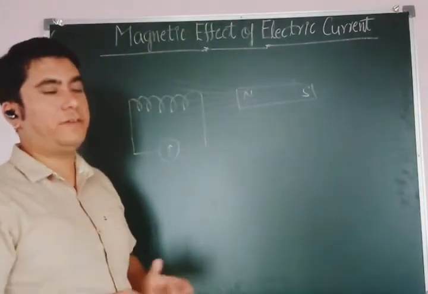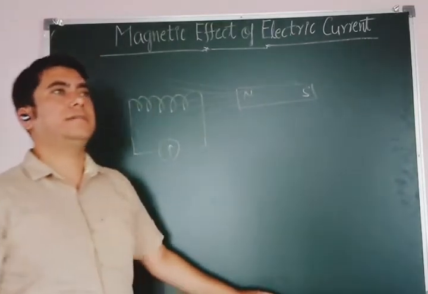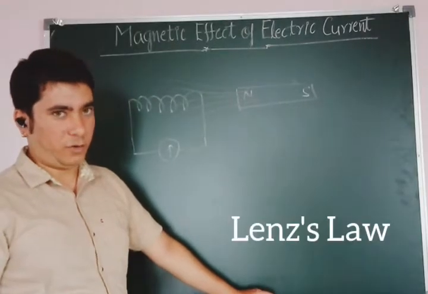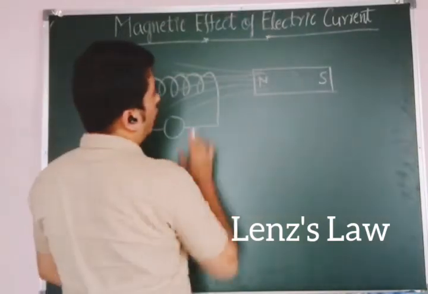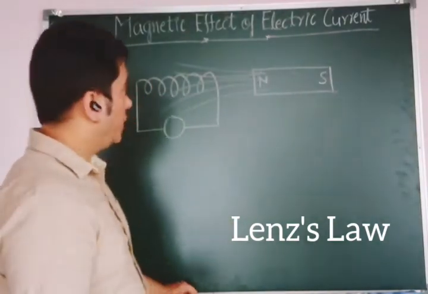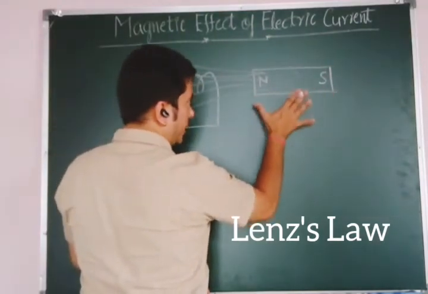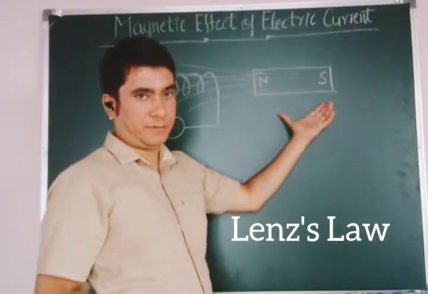So how can we find that? We can find it simply by the law given by Lenz, Lenz's Law. Lenz is saying the polarity of the induced current is such that it opposes the cause of its generation.